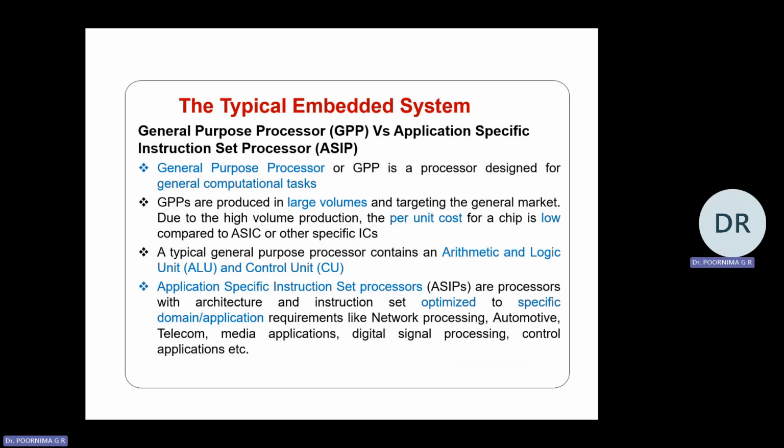GPPs are produced in large volumes targeting the general market. Due to high volume production, the per unit cost of a chip is very low compared to application specific integrated circuits or other specific ICs. A typical general purpose processor contains just the arithmetic logic unit and the control unit.